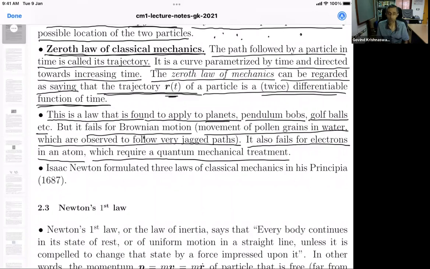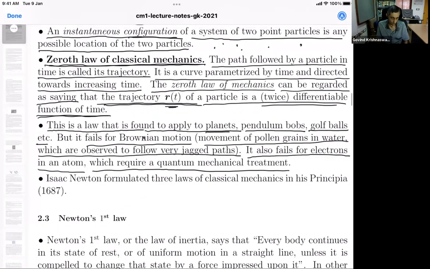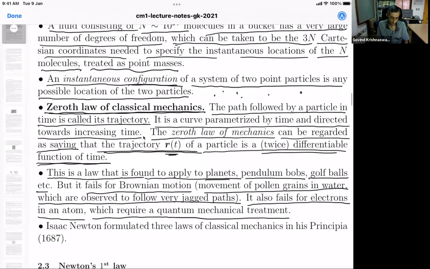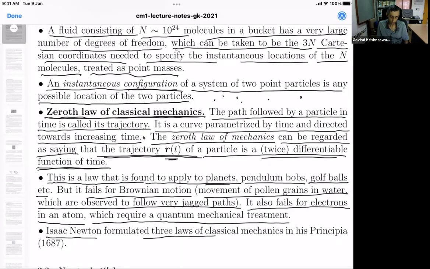Okay, so Isaac Newton formulated 3 laws of classical mechanics in his Principia, which was published in 1687. I mean, it was the culmination of the work of several scientists who preceded him. In fact, Newton said that he's standing on the shoulders of giants. I'm paraphrasing.